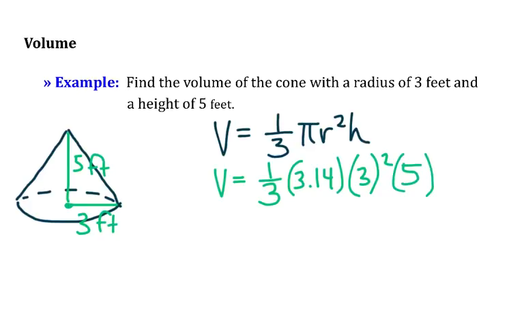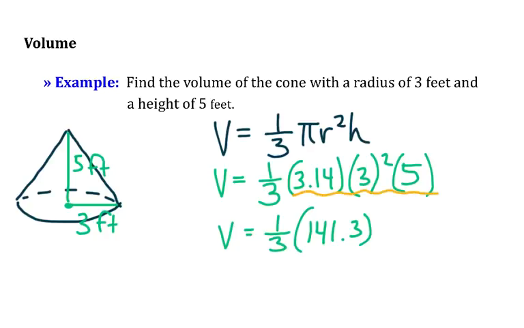So there are all my numbers. So if I multiply 3.14 times 3 squared times 5, that really means 3.14 times 9 times 5, I'm going to get back 141.3.